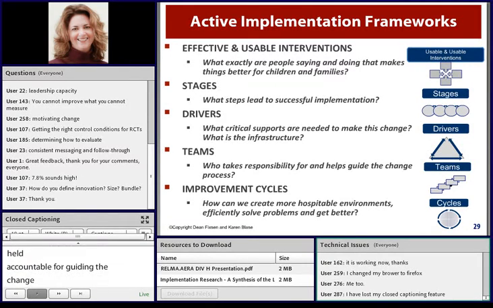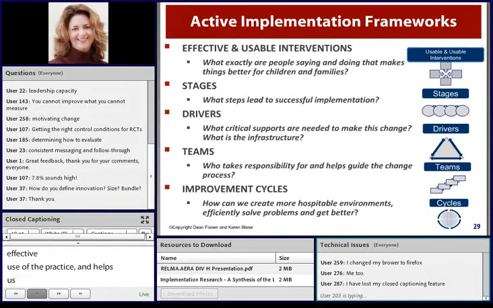And then finally, our fifth framework is improvement cycles. And that is how we use improvement cycles to address the enabling context or to create that hospitable environment so that we can solve problems or barriers or threats to effective use of the practice, and helps us get started and get better as we move along.